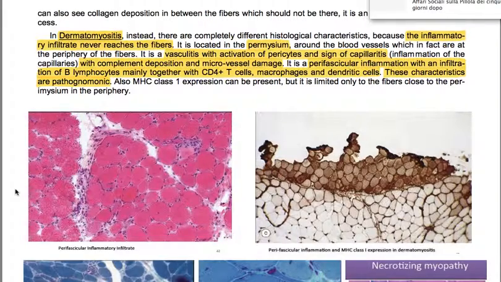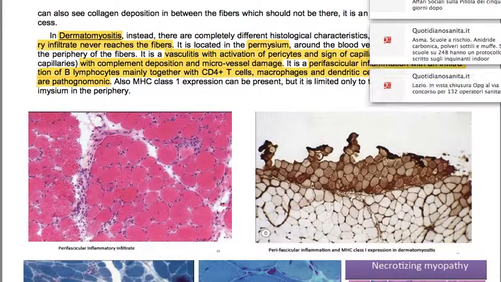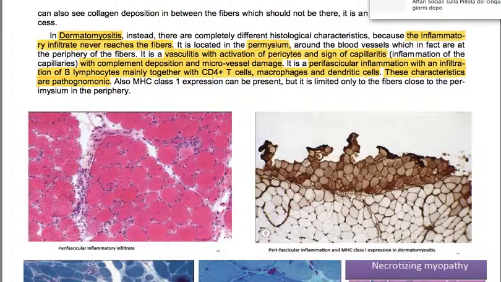It's a perivascular inflammation with an infiltration of B lymphocytes mainly, together with CD4 positive T cells, macrophages, and dendritic cells. These characteristics are pathognomonic. Also, MHC class 1 expression can be present, but is limited only to the fibers close to the perimysium in the periphery.